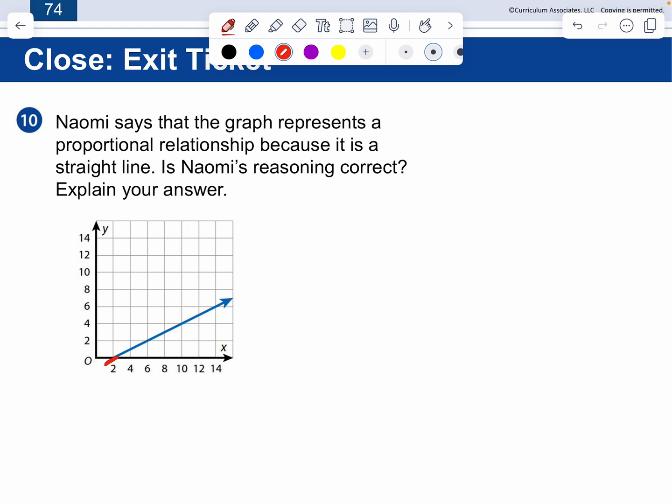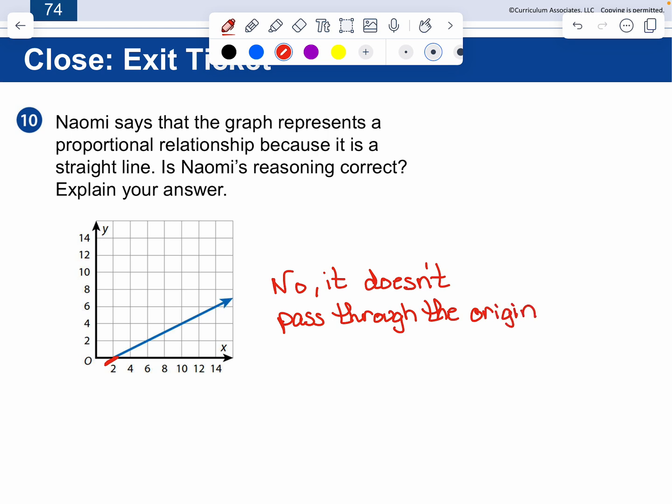No. So the answer is no. It doesn't pass through the origin. And you could say 0, 0. It doesn't pass through 0, 0.